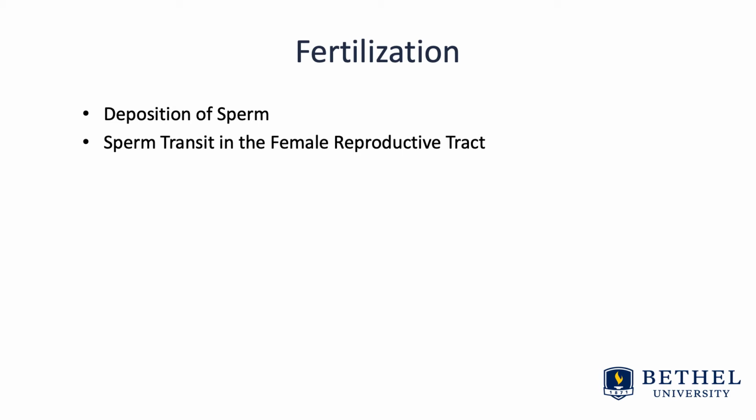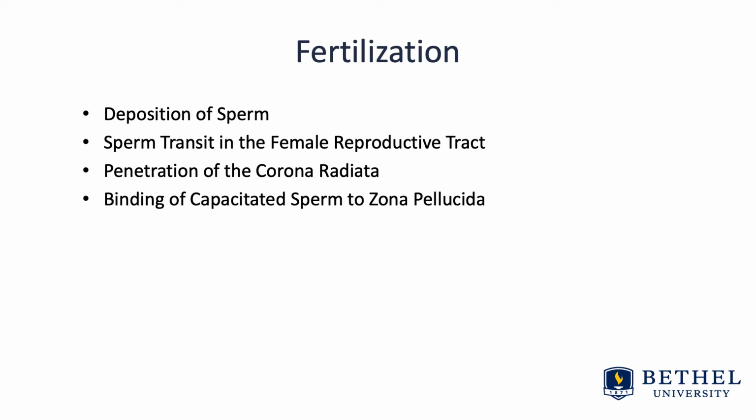The oocyte does not propel itself, but it's propelled by the cilia in the fallopian tube and the peristalsis type movement of the tube itself as the sperm moves towards the egg. The sperm releases hyaluronidase, which breaks down the corona radiata, allowing the sperm to penetrate and have access to that inner lining, the zona pellucida.